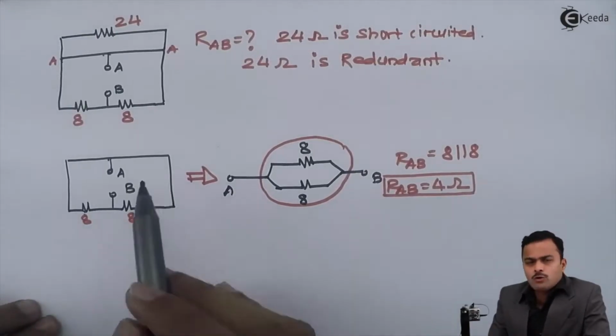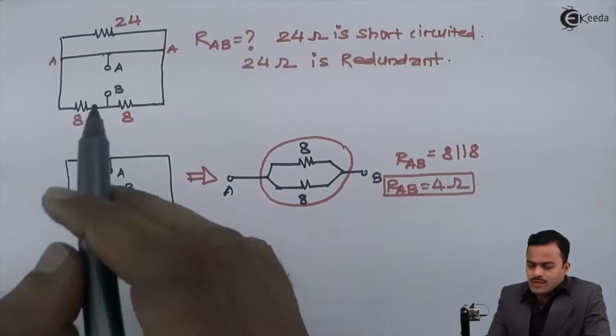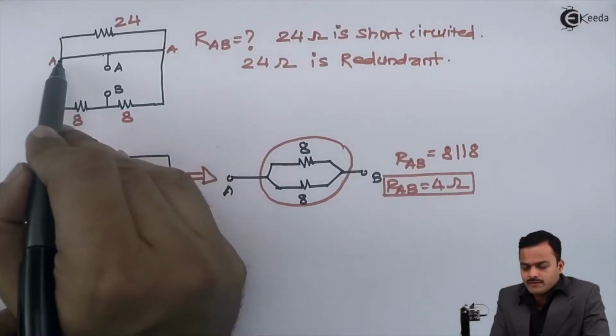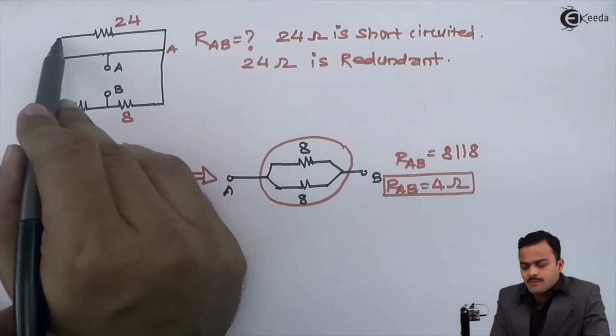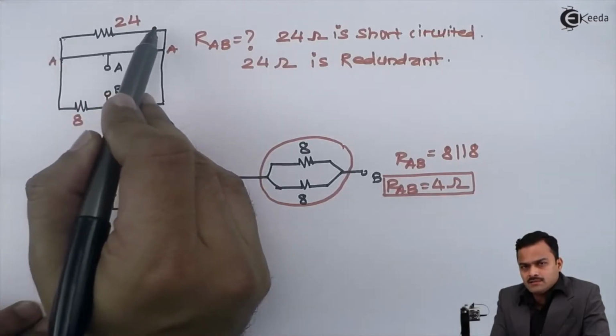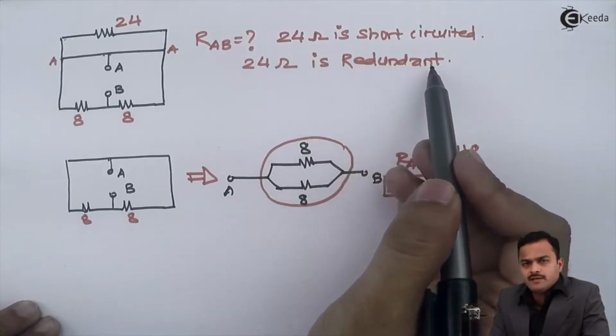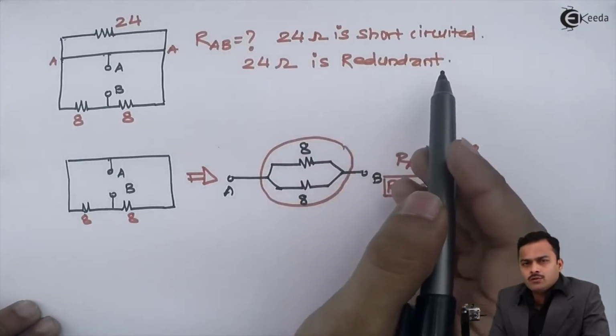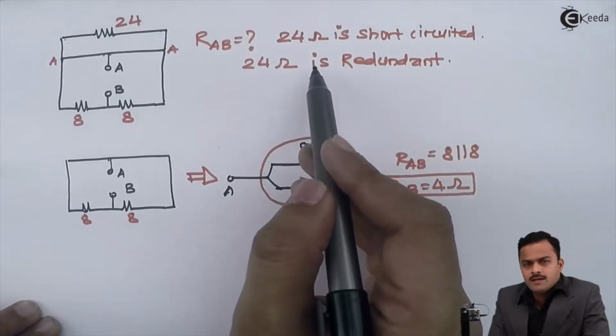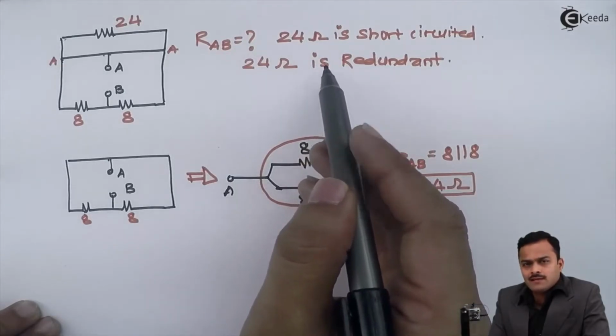Let me go back to the concept once again. Whenever there is a wire connected between the two ends of any resistor, that resistor will be short circuited and hence it will be redundant. It will not play any role in the circuit. Let me take this another way.